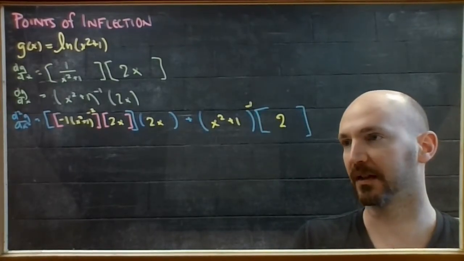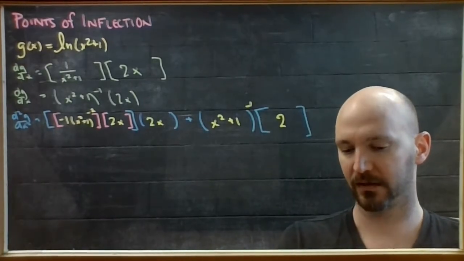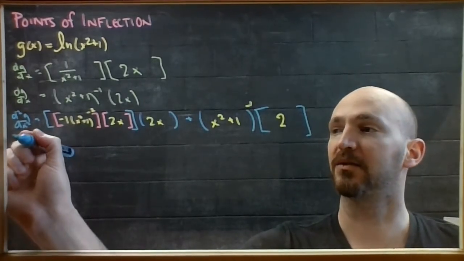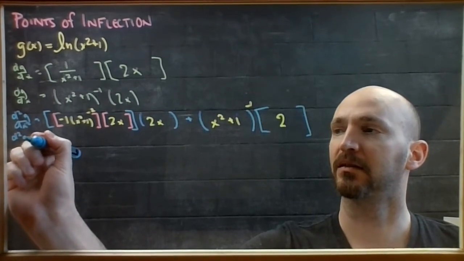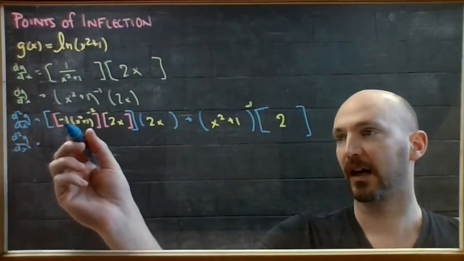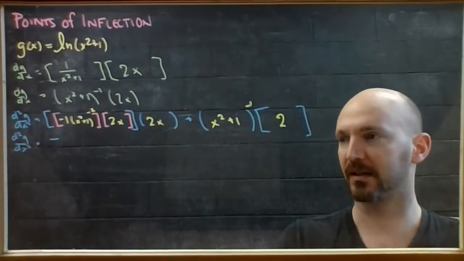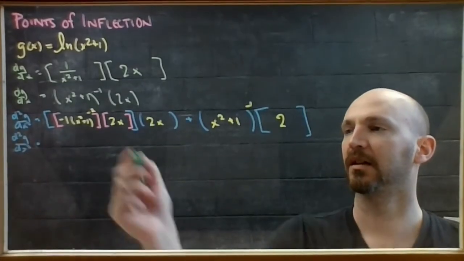So cleaning this up a little bit, d2g by dx squared. I have a negative here.